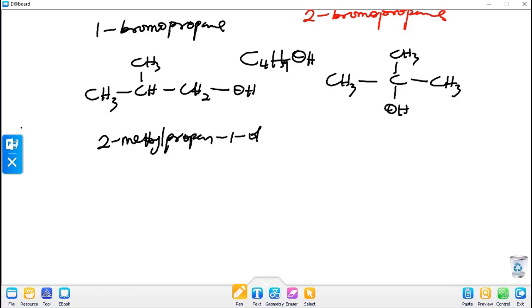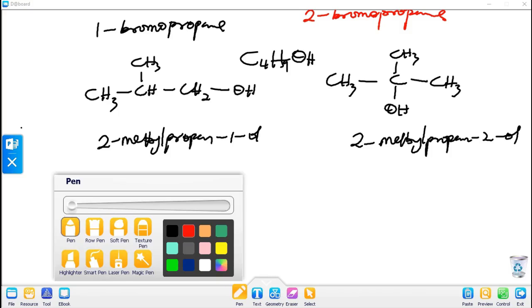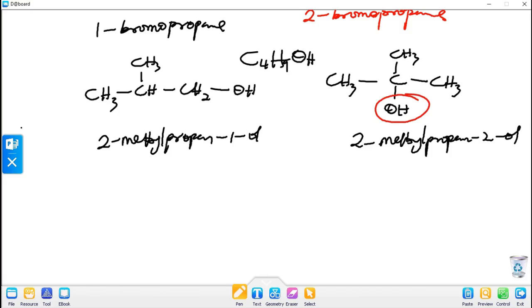But in this case, this is called 2-methyl propan 2-ol. Can we see that? 2-methyl propan 2-ol. Because the OH is attached to carbon 2 in this case, but the OH here is attached to carbon 1. 1, 2, 3.